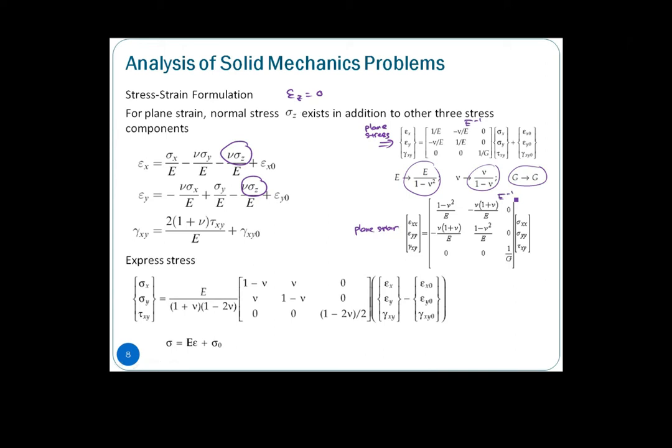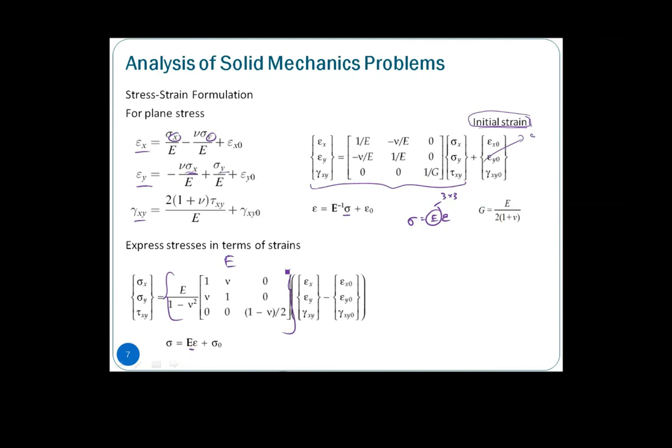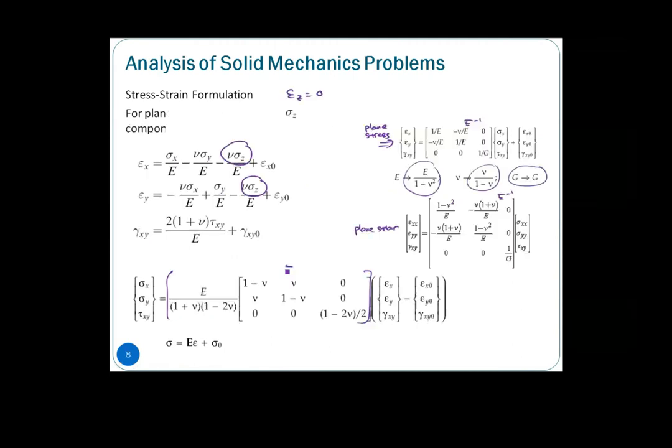So in the case of stress in terms of strain, this particular matrix now is our E. Under plane strain itself, E is slightly different from our E for plane stress, because this E now is replaced by E over 1 minus v squared.